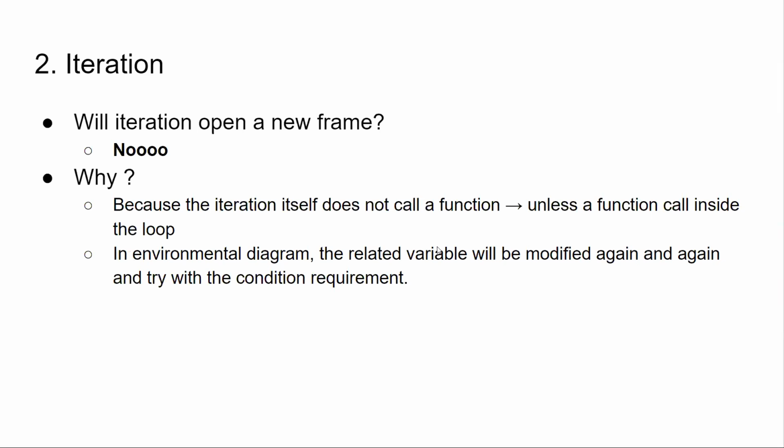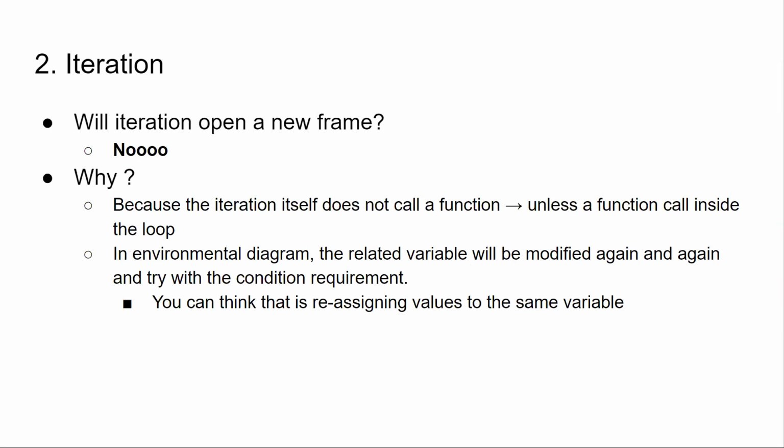So in the environment diagram, the relevant variable will be modified again and again, and you try the condition following in the while condition. You can think of it as assigning values to the same variable.